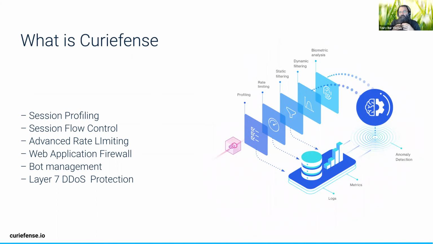The system itself is operating in multiple layers, meaning when a request is received on a proxy, whether as an ingress gateway at the entry point of the service mesh, or whether it was deployed as a sidecar on the pod where the web service is running, the request arrives, and the system runs multiple different mechanisms, which starts with the profiling.